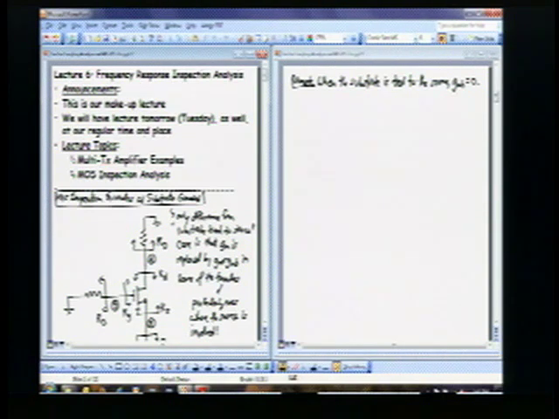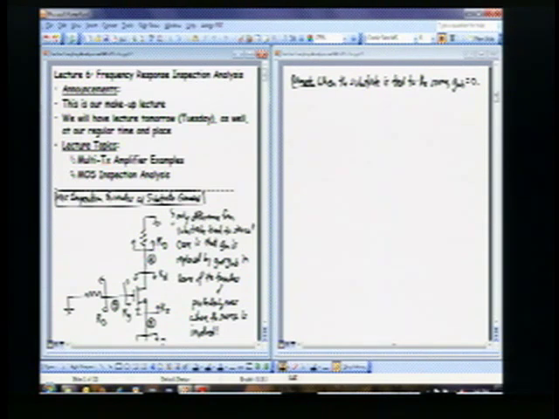I'm just going to jump right into lecture and remind you what we were talking about last time, which is these MOS inspection formulas. We talked about inspection formulas for bipolar, and last time was all about MOS.